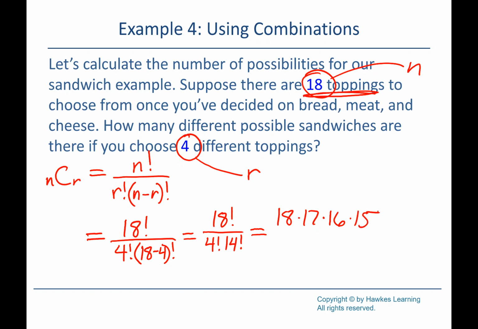The 14 and down will cancel with the 14 factorial on the bottom. But then we still have 4 factorial in the bottom. That part we can figure out.